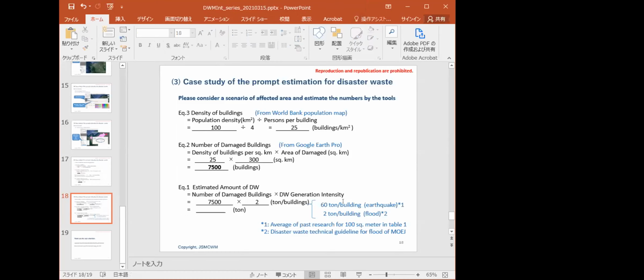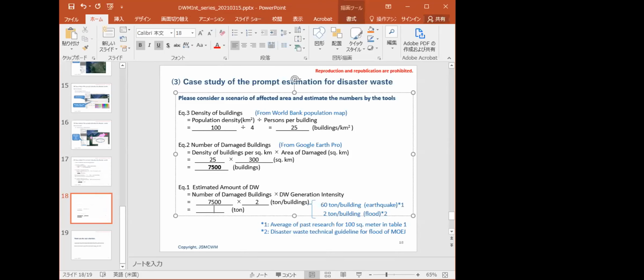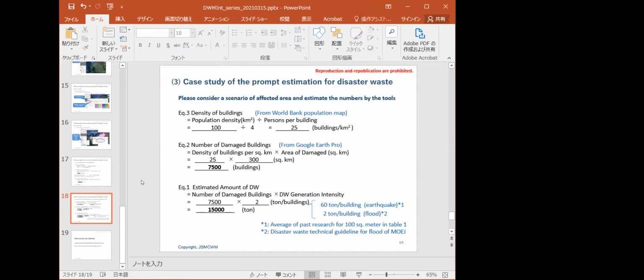In Japan, we use 2 tons per building in a flood case. So the number is 15,000 tons. This is the prompt estimation for the disaster waste in a flood case. So far, I showed the case study for the prompt estimation of disaster waste.